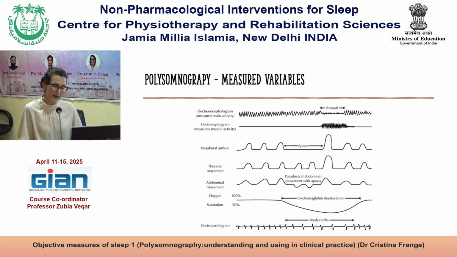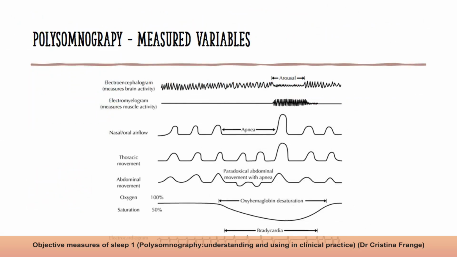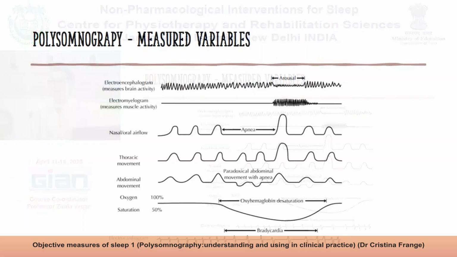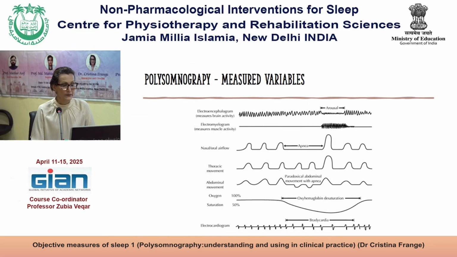And sometimes together with the apnea, we can have a desaturation. We might have both bradycardia and tachycardia in the exam. Here is showing only bradycardia. So in the PSG report, we will have all these graphs, but we will also have the statistics that make everything easier for us to see.